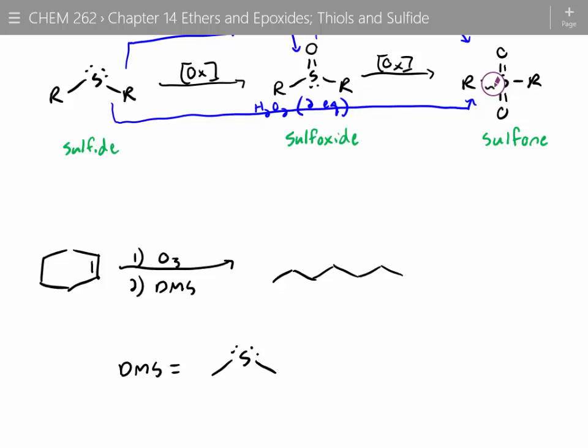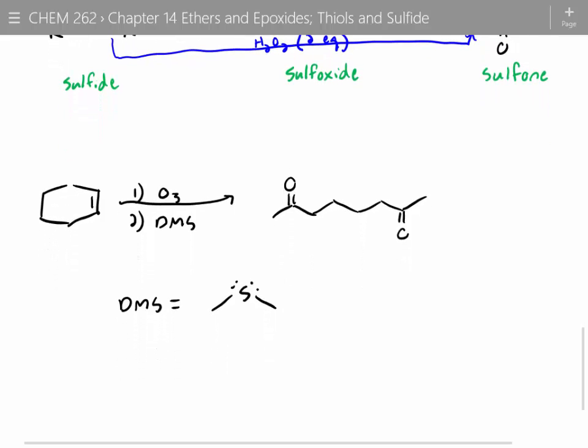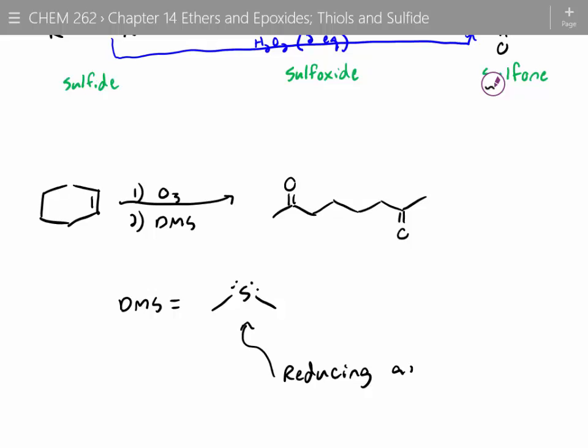This dimethyl sulfide is our reducing agent. And what I mean by a reducing agent is it's getting oxidized during this reaction in order to allow for the ozonolysis step to occur. So without adding in something like zinc or dimethyl sulfide, that reduction reaction won't occur.